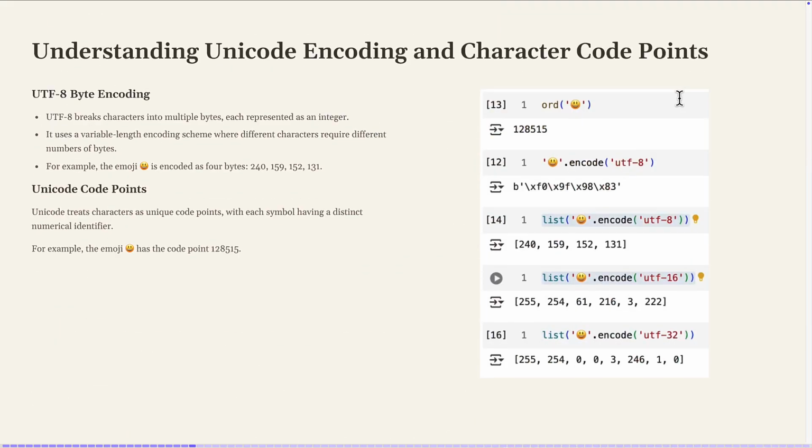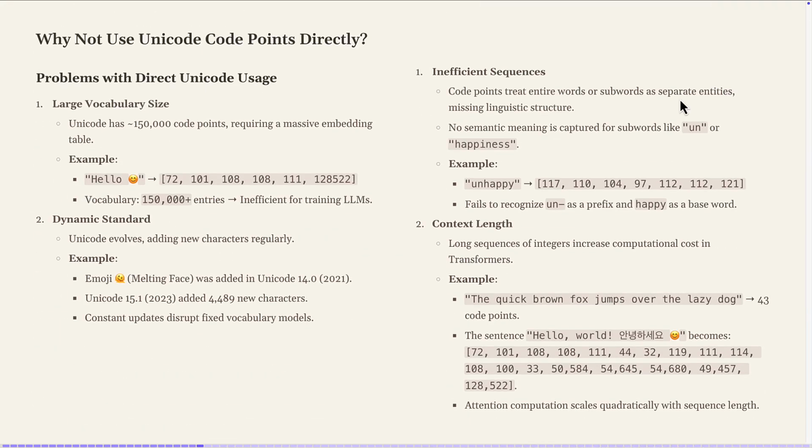And this is why now here we have the question: why not use Unicode code points directly as tokenizers? So first of all, we have the issue of having a large vocabulary size. And this vocabulary size is composed of characters, which have limitations that we will discuss when we talk about character level tokenization. The other issue is that Unicode is a dynamic standard.